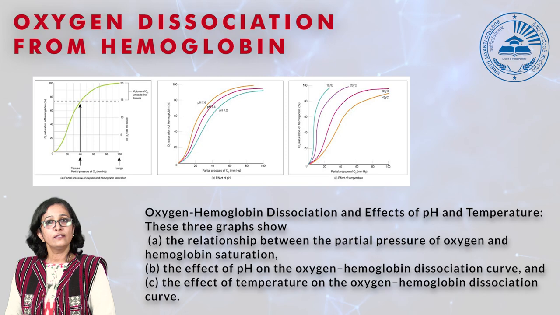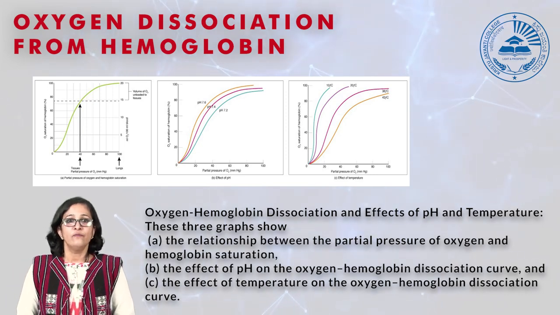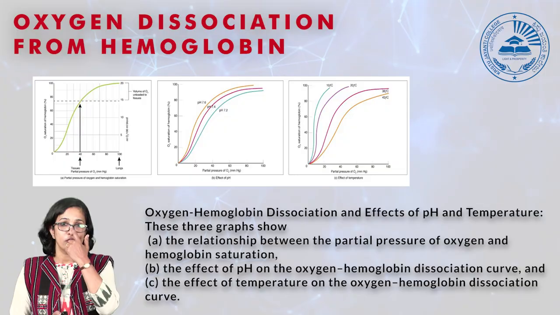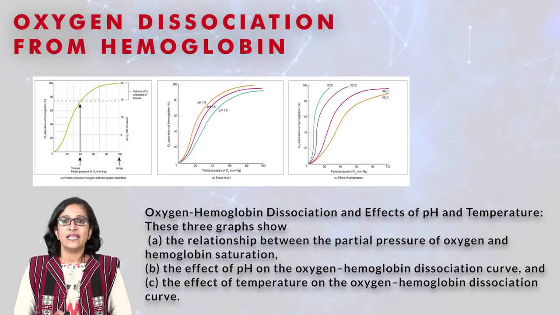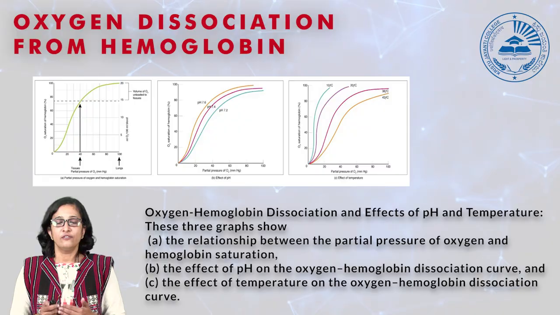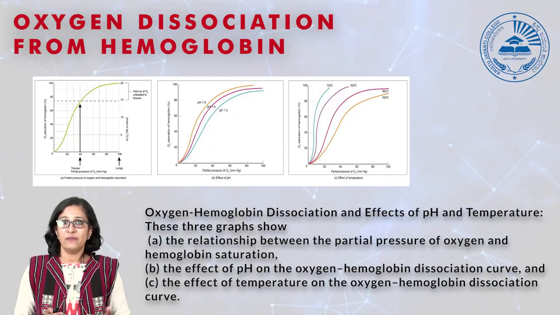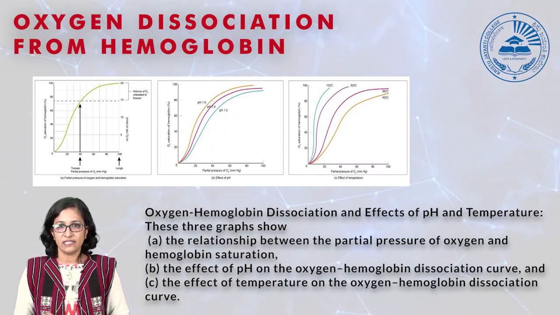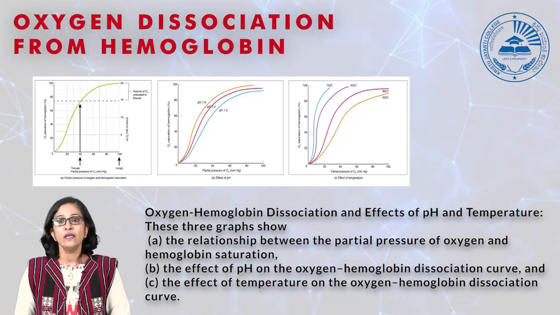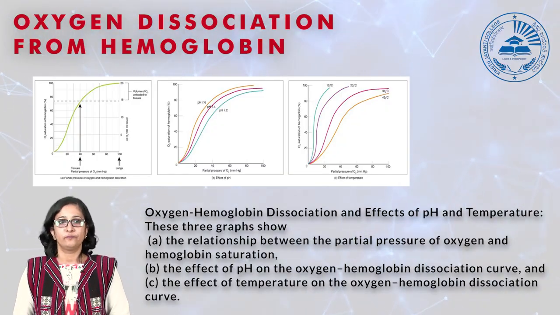Coming to the third graph, which shows the effect of temperature on the oxygen hemoglobin dissociation curve, it shows that at different temperatures the dissociation curve is moving towards the left. That means as the temperature decreases, it becomes difficult for the oxygen to dissociate from the hemoglobin molecule.